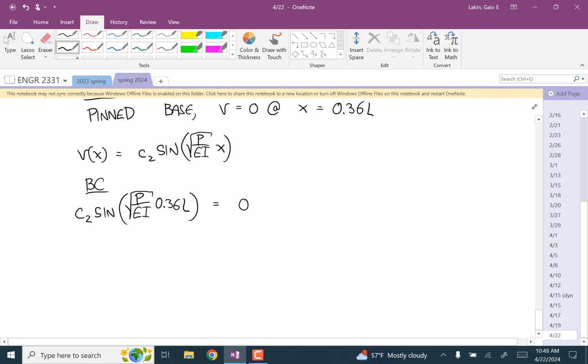And so square root of P over EI times 0.36 L is equal to n pi for n equals 0, 1, 2, 3.